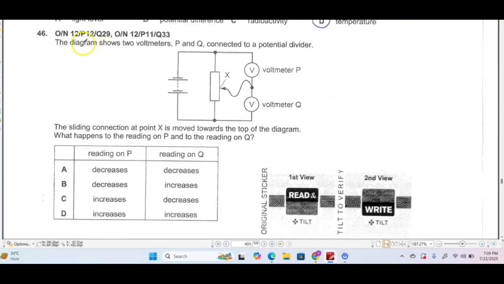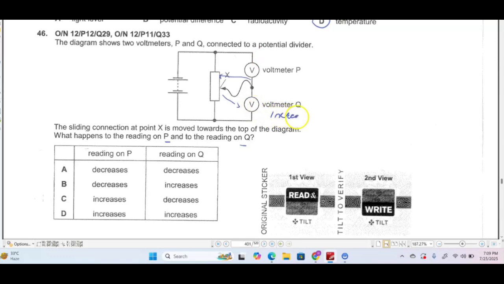Okay, question number 46. The diagram shows two voltmeters P and Q connected to a potential divider. The sliding connection at point X is moved towards the top of the diagram. What happens to the reading on P and Q? When this is moved over here, the resistance has increased. So the reading on this voltmeter is going to increase.